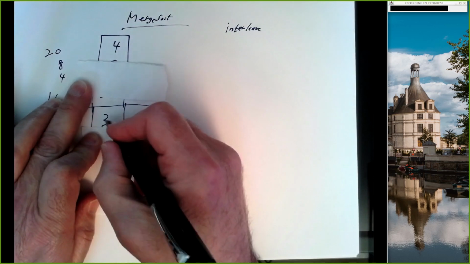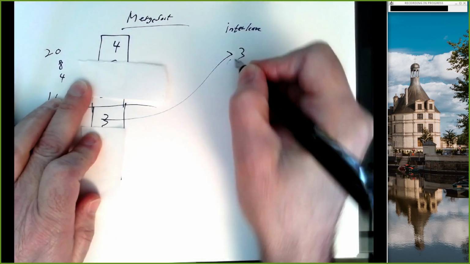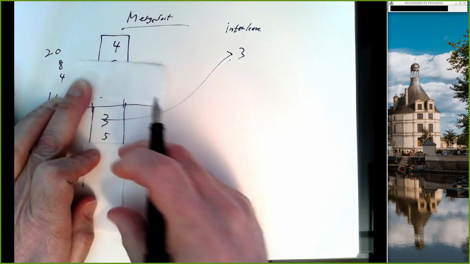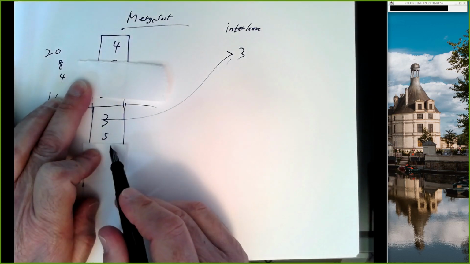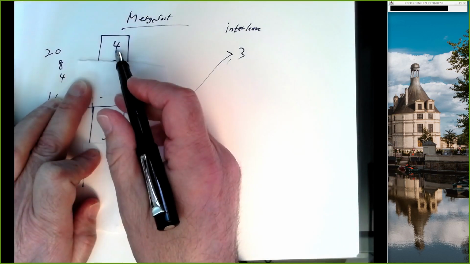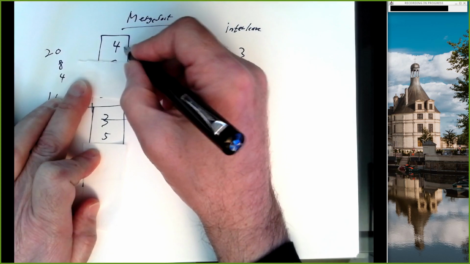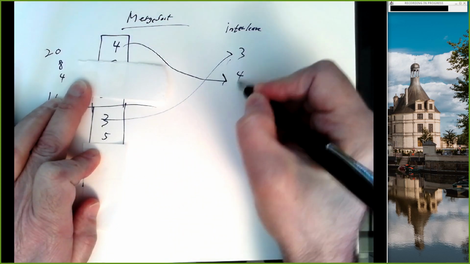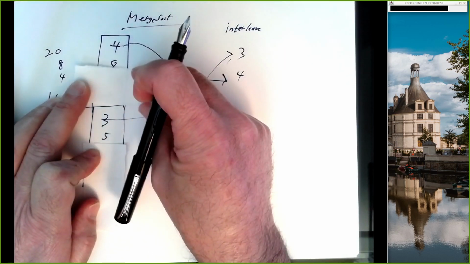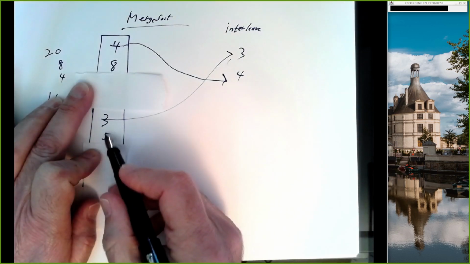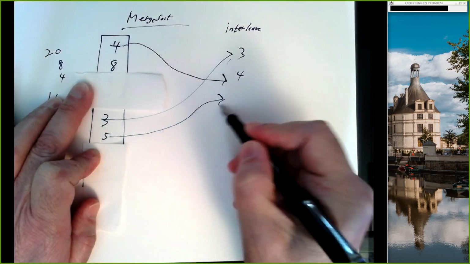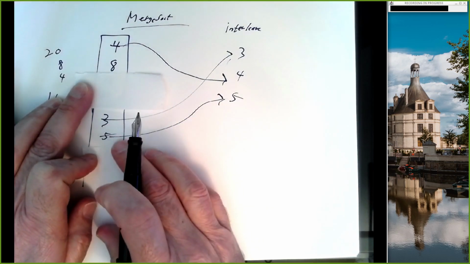So I take this one and put that into my output. Now I'm looking at the second thing in this array, and I'm still looking at the first thing in this array. Which one is smaller? It's a 4, so I put that in and move down. Now I'm looking at a 5 and an 8. Well, the 5 is smaller, so the 5 goes to the output. And now I move down.